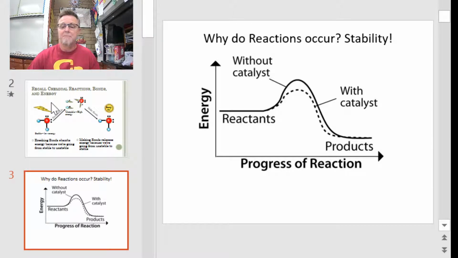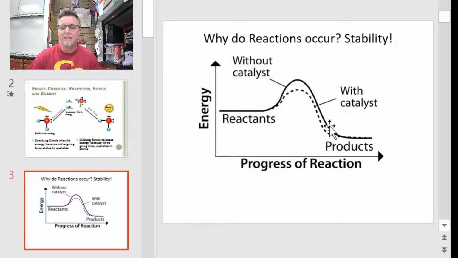This graph is meant to remind you of that very idea. As we go from reactants to products in a chemical reaction, that little mountain that you see here in the middle is a representation of what we called back in our enzyme video activation energy, or the energy of activation. So that energy has to be supplied in order for the reactants to become products.